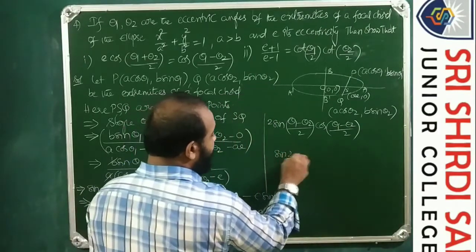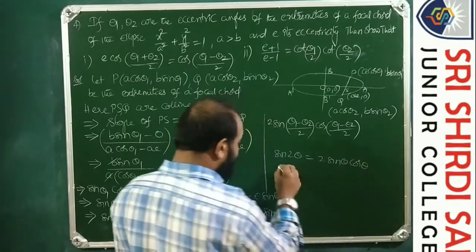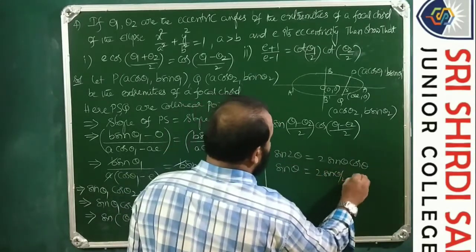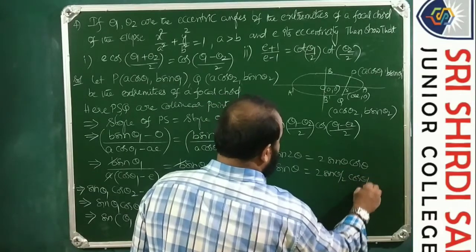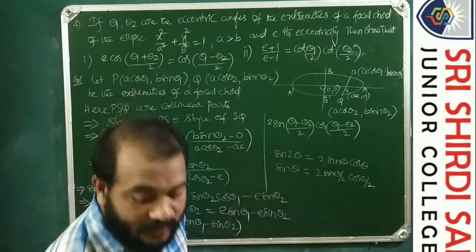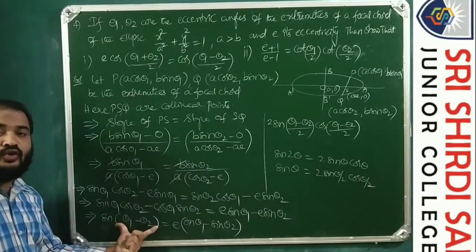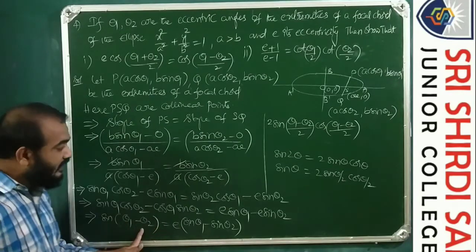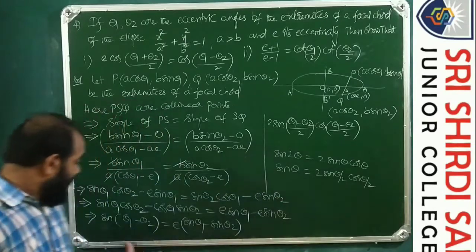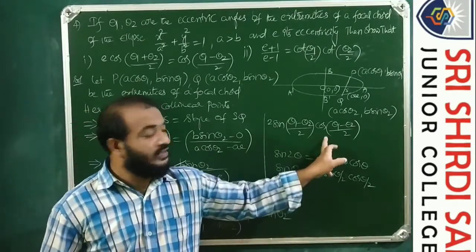Sin 2 theta is 2 sin theta cos theta, right? So what is sin theta? 2 sin theta by 2 cos theta by 2. Multiple and submultiple angles, last year we have learned these. So I have taken this to be theta; then sin theta is equal to 2 sin of this by 2 cos of this by 2 according to this property.